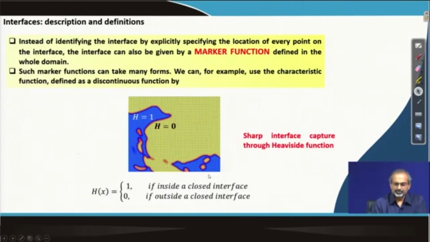Going over to the concept of marker function.